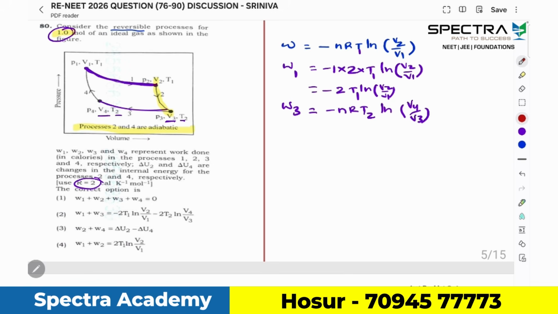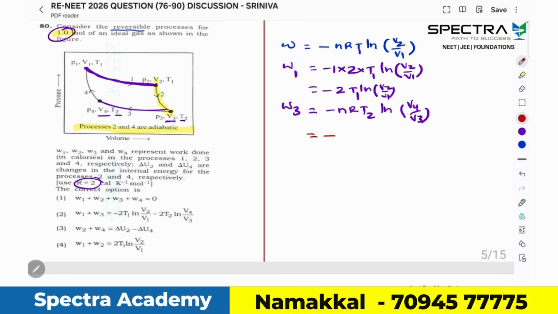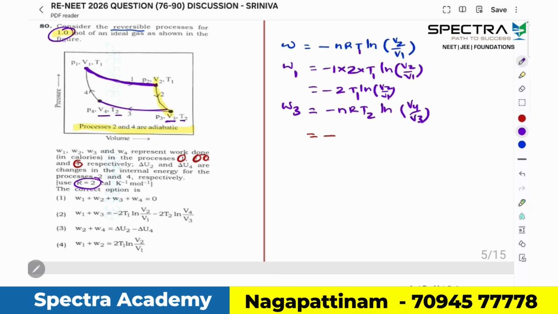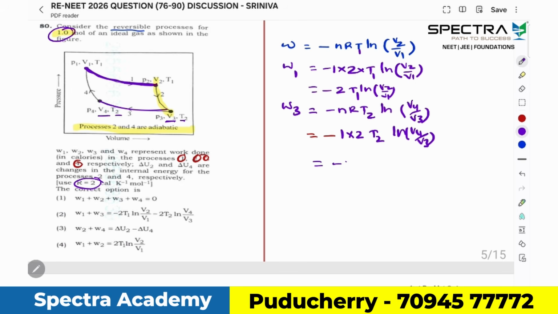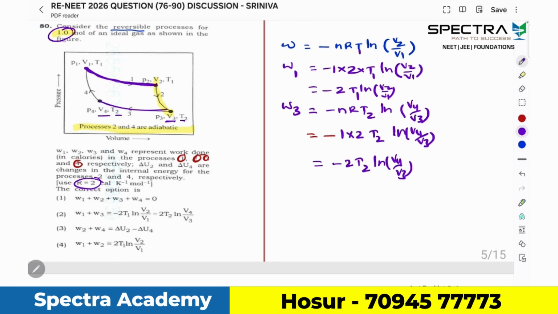Now you can say here, minus n value remains the same. Here they mention the work done in the process, like 1, 2, 3, 4. So here the number of moles is 1, R value 2, T2 ln V4 by V3, that is equal to minus 2 T2 ln V4 by V3.